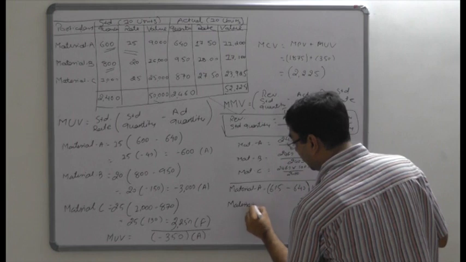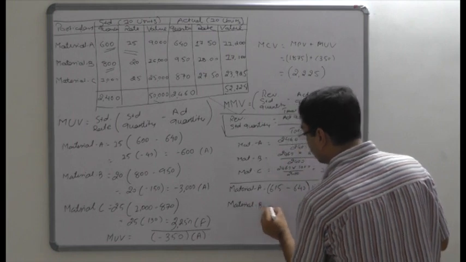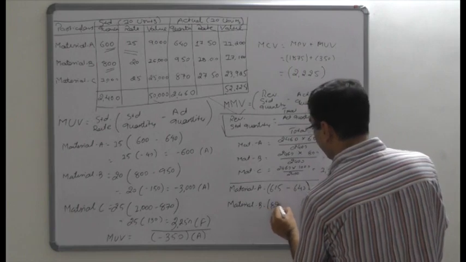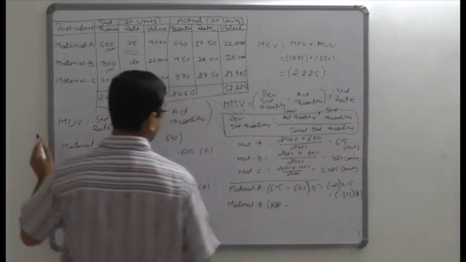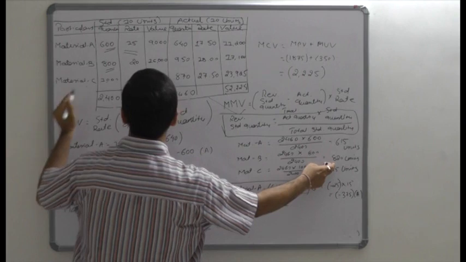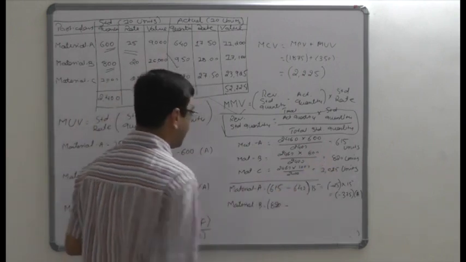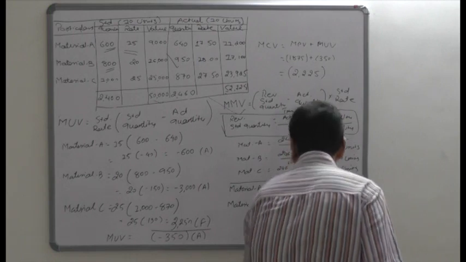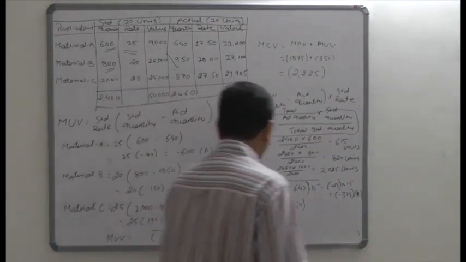Next is material B. In case of material B, your revised standard quantity is 820 units, and your actual quantity is 950. It shows an adverse situation. Standard rate is 20.